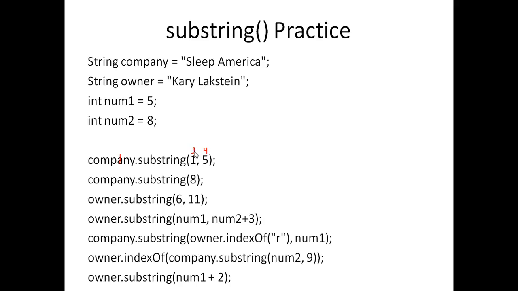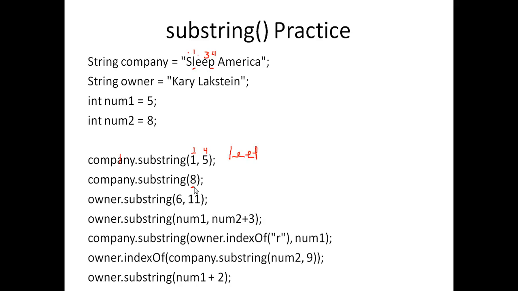So you're looking for 1 and 4. So you have 0, 1, 2, 3, 4. So we're going to start at L and end at P. So it's L, E, E, P.